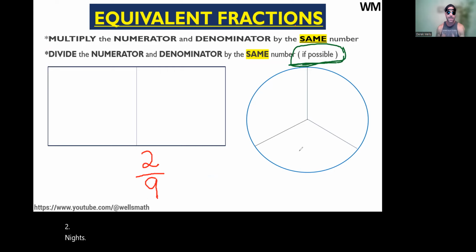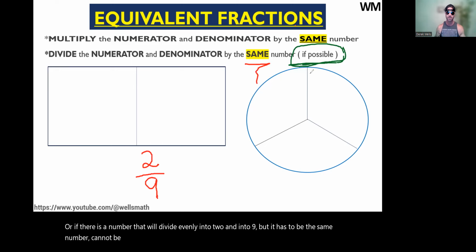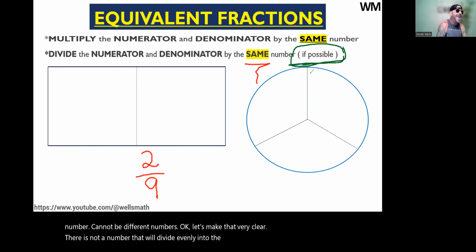Well, I'm thinking about a number that will divide evenly into 2 and into 9, but it has to be the same number. Cannot be different numbers. Okay, let's make that very clear. There is not a number that will divide evenly into the number 2 and into the number 9.